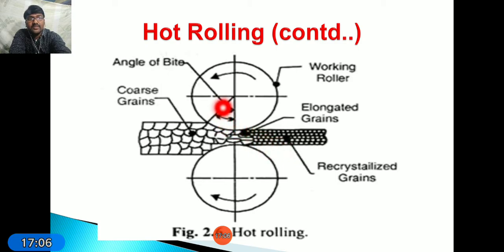Here the angle between this point and this point is known as the angle of bite. Here is the starting point of touching of the roller and workpiece surface, and the ending point. This angle is known as the angle of bite. It usually lies in the range of 40 degrees.